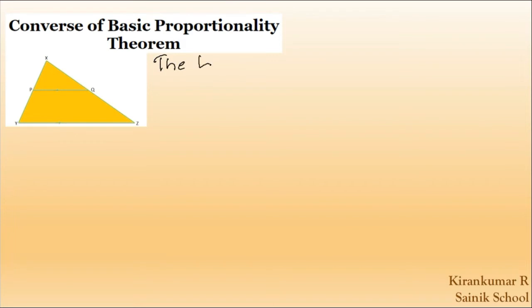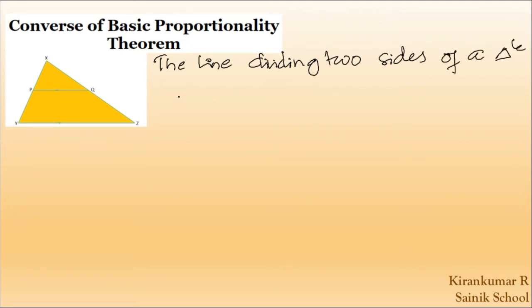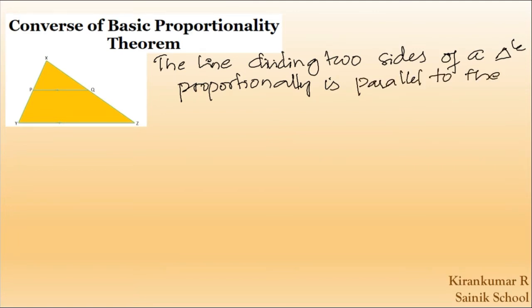The line dividing two sides of a triangle proportionally is parallel to the third side.